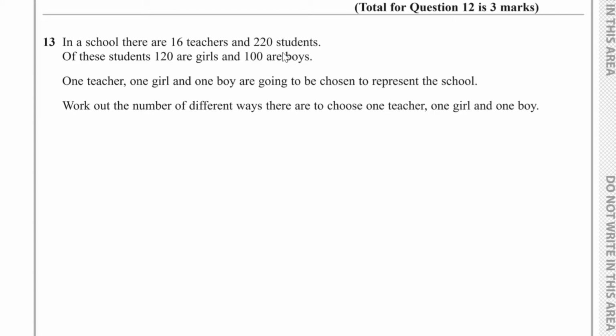Well, over here I can find out how many girls: I've got 120 girls, 100 boys, and there's 16 teachers. So if I choose one teacher, one girl and one boy, we've got 16 teachers, 120 girls, and also the 100 boys.